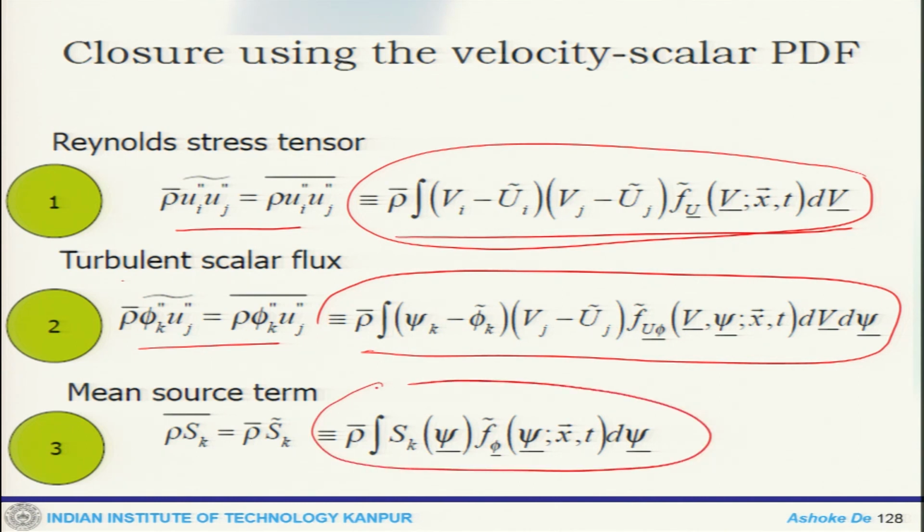That means all these closures are now done using the probability distribution function. This is a substantial difference between looking at the flow field in the Eulerian framework and in the Lagrangian framework, in the context of the transport PDF equation. So, we will stop the discussion here today and continue in the next lecture.